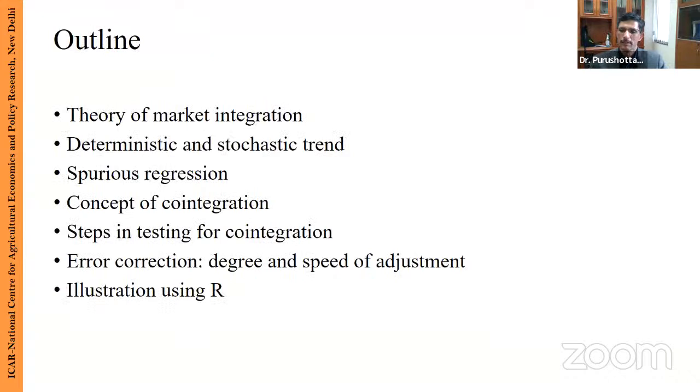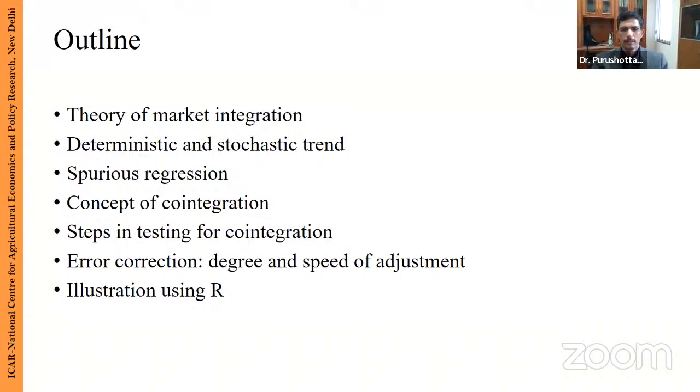Before that, in this 1.5 hour session, we'll try to understand the theory of market integration, how it works, and what the factors are. Then we'll understand the trends, whether deterministic or stochastic, and spurious regression: whatever regression analysis we go for, there may be a spurious regression, so how to detect it and what the role of time series is.